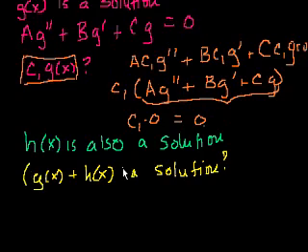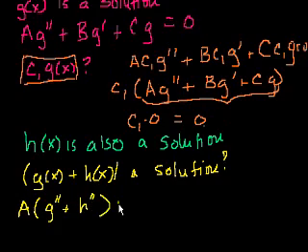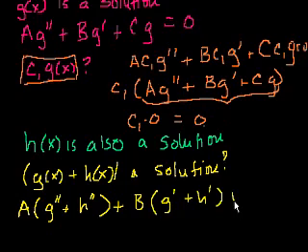Well, let's substitute this whole thing into our original differential equation. So we'll have a times the second derivative of this thing. That's just g prime prime plus h prime prime, plus b times the first derivative of this thing, g prime plus h prime, plus c times this function, g plus h.